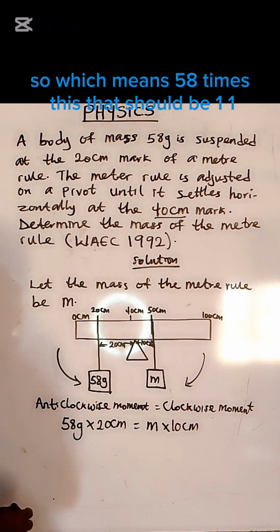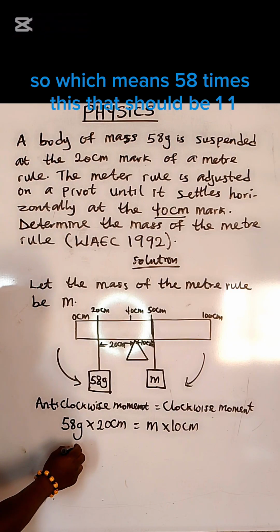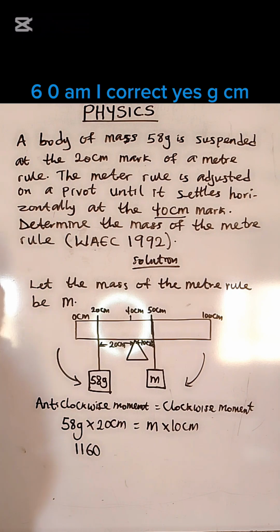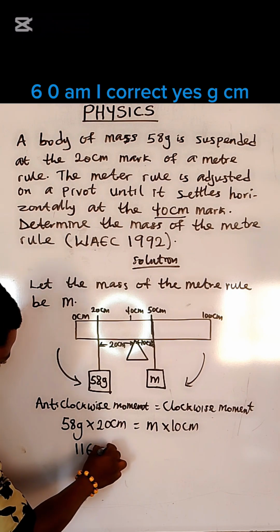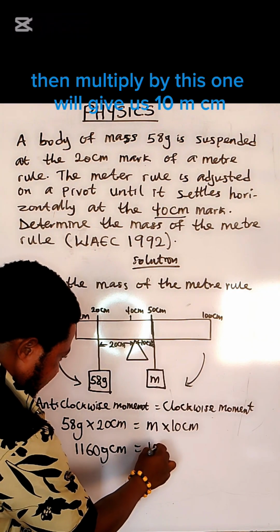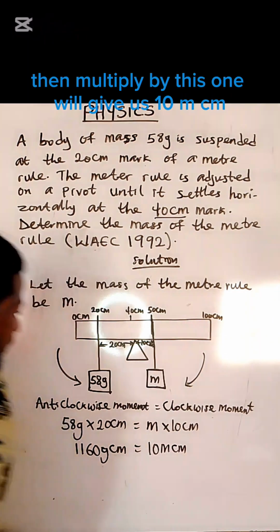So 58 times 20 is 1160. Am I correct? Yes. Gram centimeter. Then multiply m by 10 centimeter.